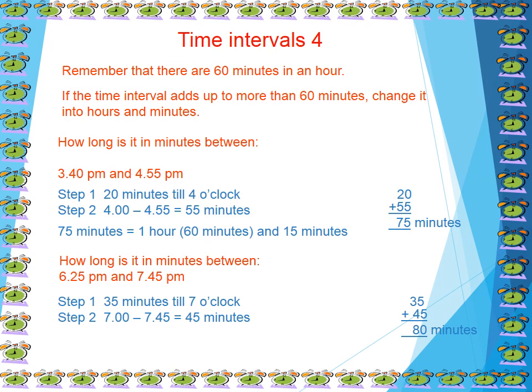Yes, 45 minutes. So 35 plus 45 equals 80. Now we will change these minutes to hours and minutes. Yes, 80 minutes equals 1 hour and 20 minutes. So the time between 6:25 and 7:45 is 1 hour and 20 minutes.